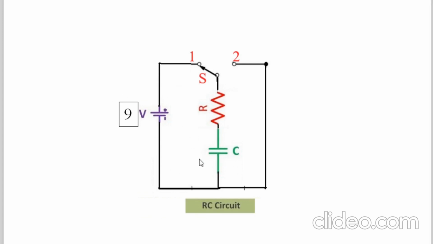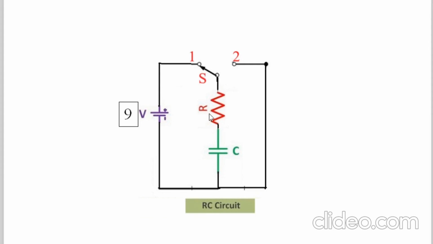But the capacitor charges exponentially, because at time t equal to 0, when we throw the switch S to position number 1, the capacitor was discharged, therefore the voltage at this terminal was 0 volt, and this terminal will be at 9 volt when the switch is closed to pin number 1.